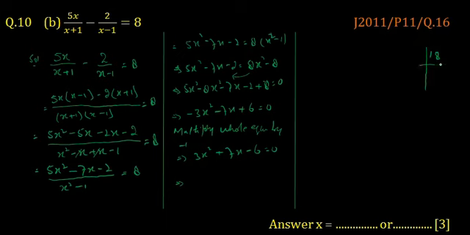When we take the factors of 18, it is 2 9s are 18, 3 3s are 9, so the factors of 18 become 2 multiplied by 3 multiplied by 3 multiplied by 1. So 3 multiplied by 3 is 9, multiplied by 2 is equal to 18, and 9 minus 2 becomes 7.